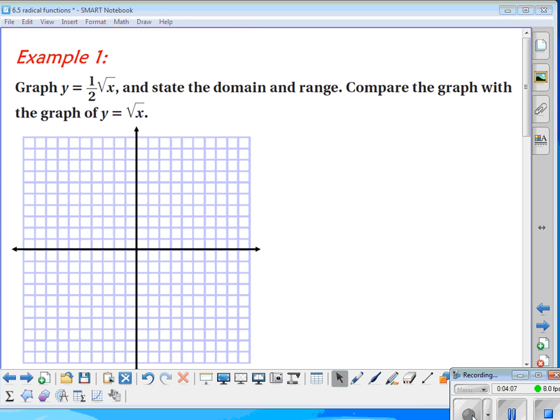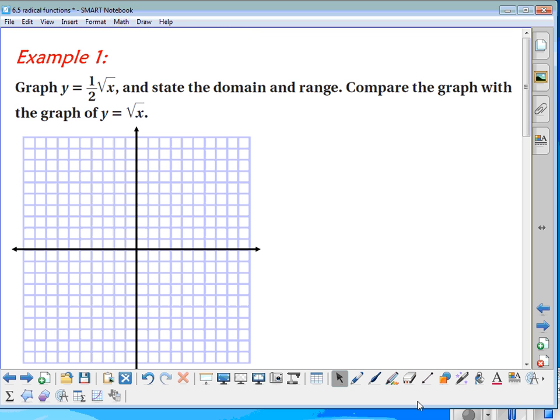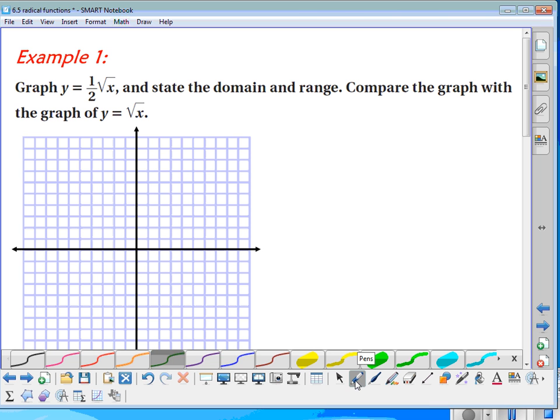All right, so for this one, what we're going to do is graph y equals 1/2 times the square root of x, and then we're going to state the domain and range, and then we're going to compare the graph with the parent graph of y equals the square root of x. So before I make my table, I should think about what my domain and range is anyway. Can I put in any negative numbers for this one?